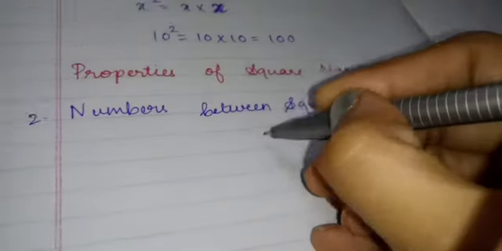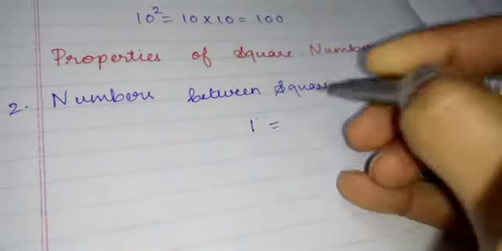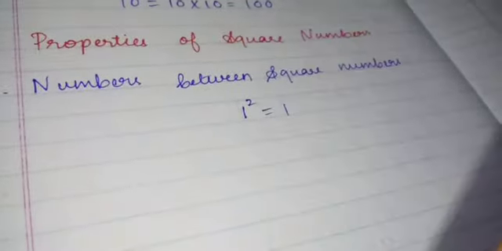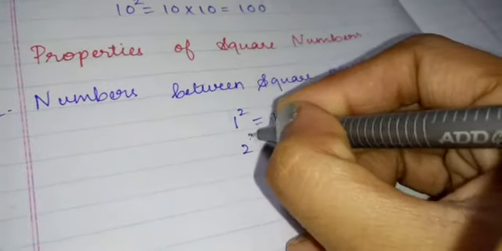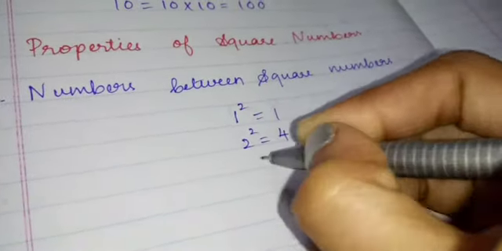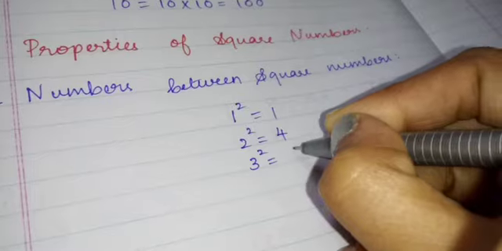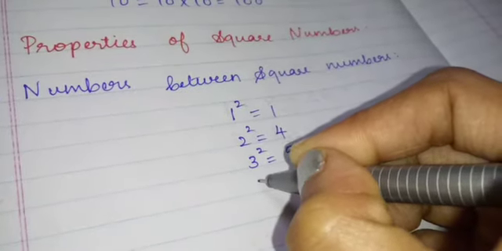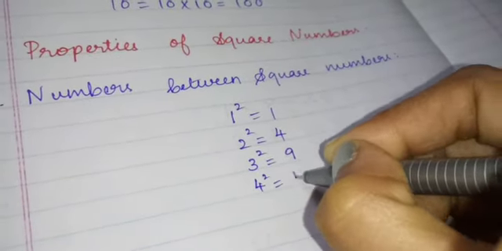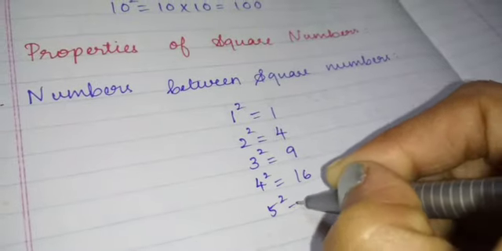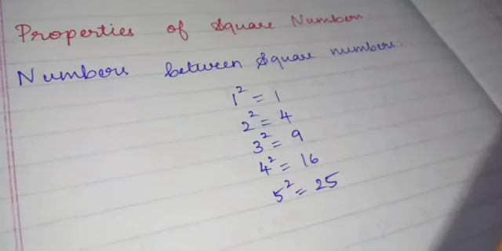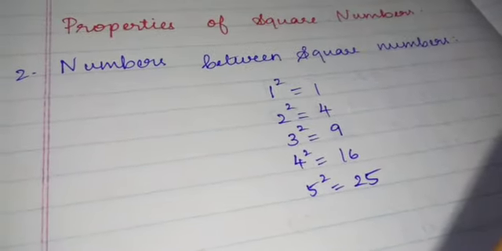First, 1 squared is 1, 2 squared is 4, 3 squared is 9, 4 squared is 16, 5 squared is 25. So you know what the square numbers are now.